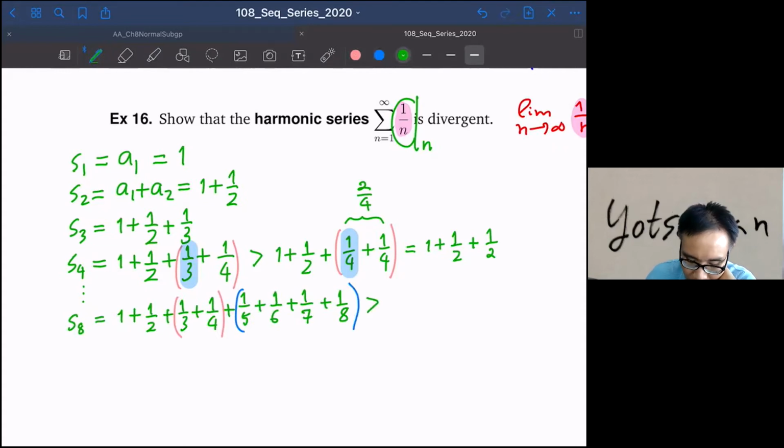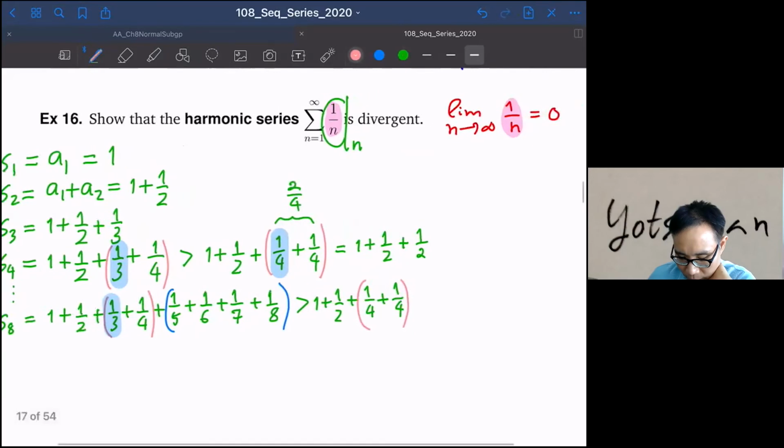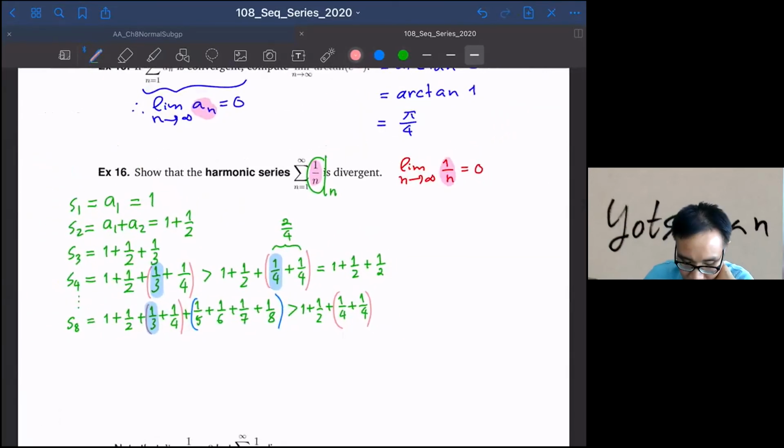So we did the same thing as the previous case. So you write 1 plus 1/2 plus 1/4, 1/4. This is the pink parenthesis. And you have the blue parenthesis, so it's plus 1/8, 1/8, 1/8, 1/8.